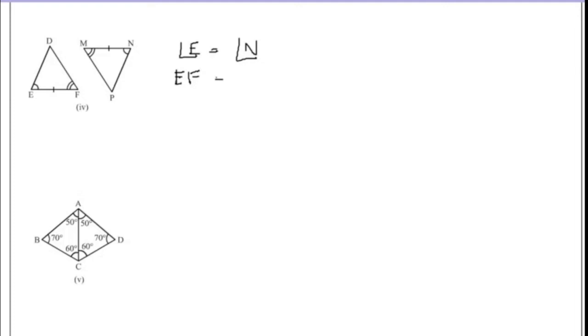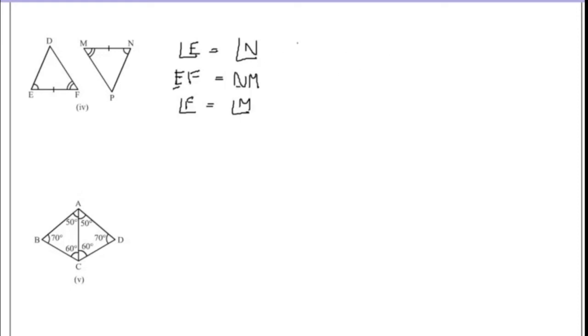EF is equal to MN, right? Or let's write it as NM. Why? Because E is equal to N, right? And then we have angle F is equal to angle M.